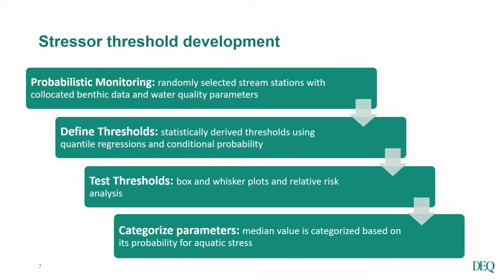And then really the next step is to categorize these parameters or to use them for comparing our own data. So calculating the median value for a stream of interest, and then we can categorize that parameter based on its probability for aquatic stress.